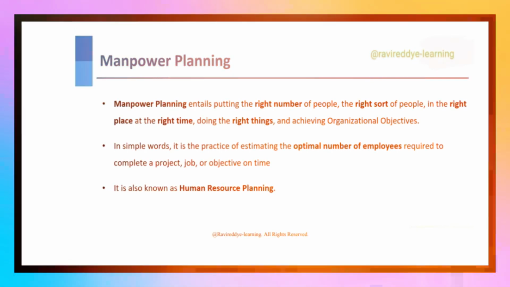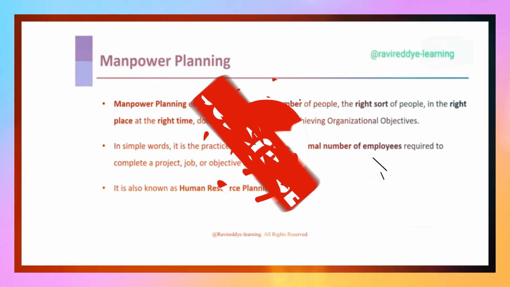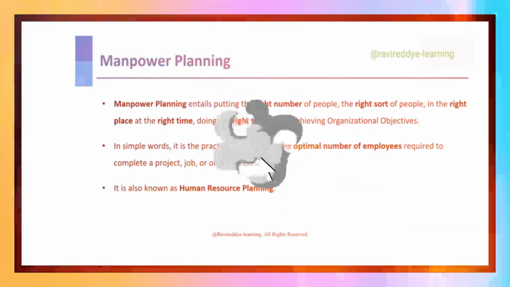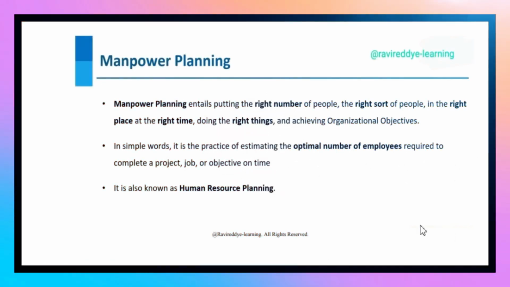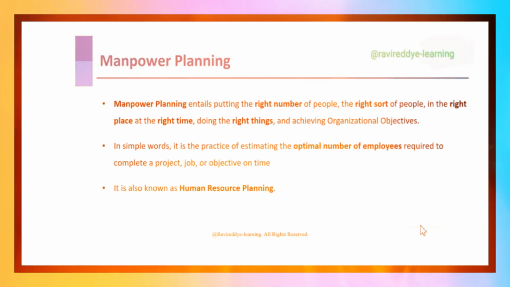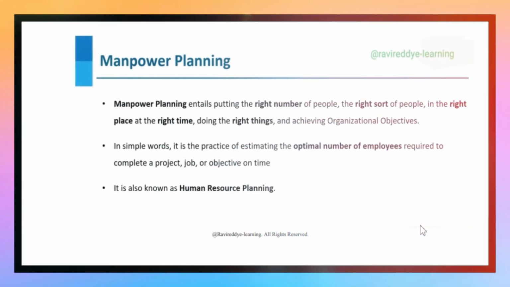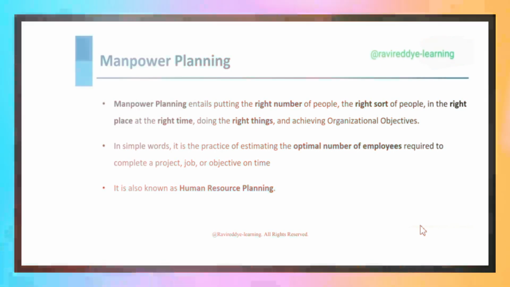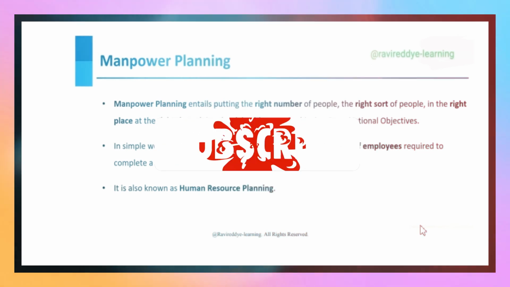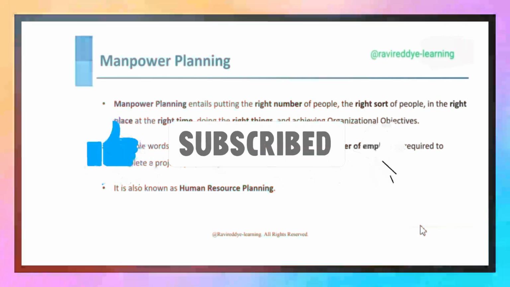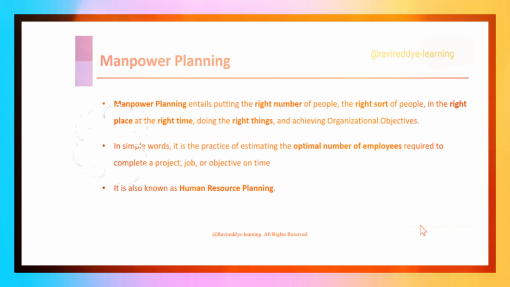How many people are required? Let's say 5 people are required. If I see there are 9 people we have, then the remaining 4 people we can use somewhere else to be more proactive, because our particular task needs only 5 people, not 9. There is an excess of 4 people that we can utilize elsewhere.